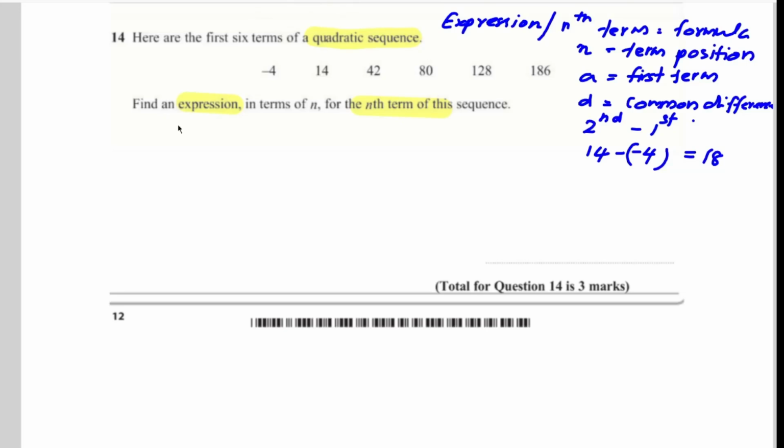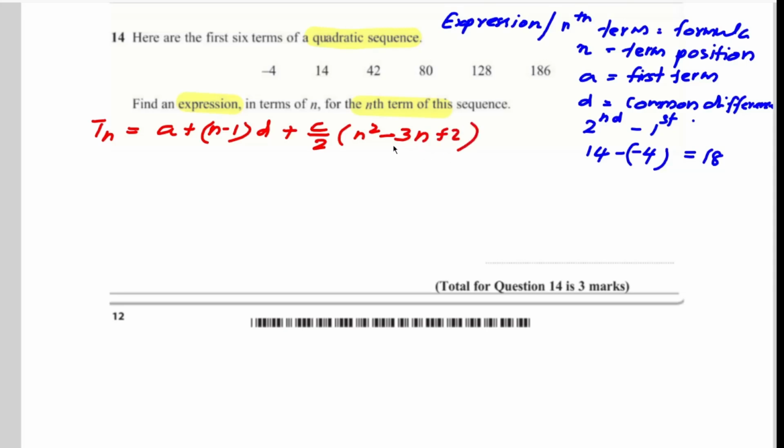If we've been given a quadratic sequence, there's a formula. If you can memorize this formula, don't write it in the exam paper. No need to memorize, no need to write it in the exam paper, but you can use it to get the answer. Tn equals a plus n minus 1 times d plus c over 2 n squared minus 3n plus 2.